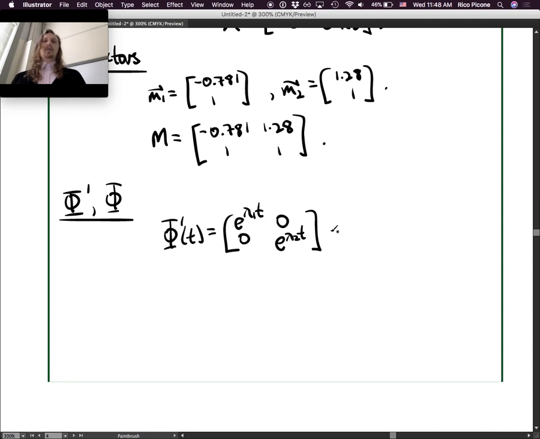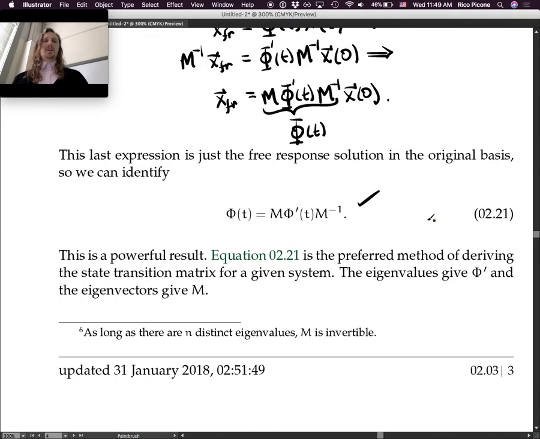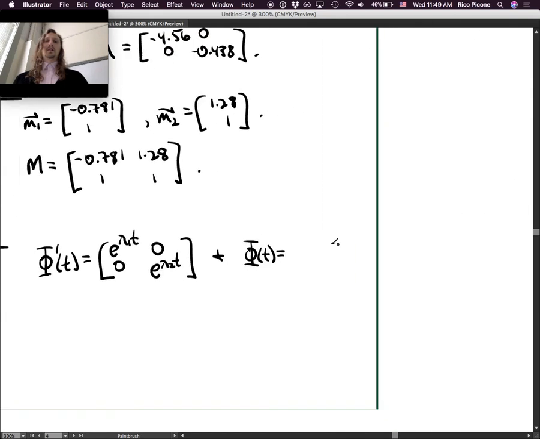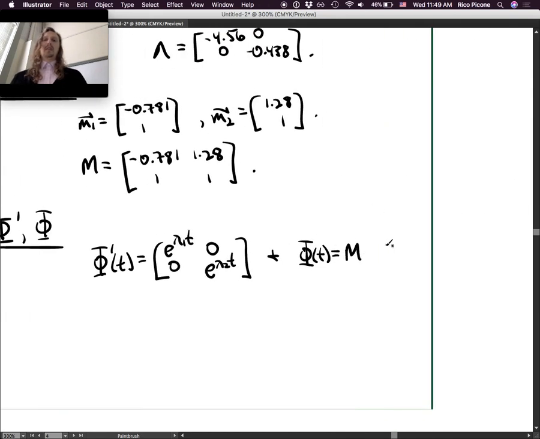And now we have phi of t is equal to, from the expression that we just wrote, M phi prime of t M inverse, right?